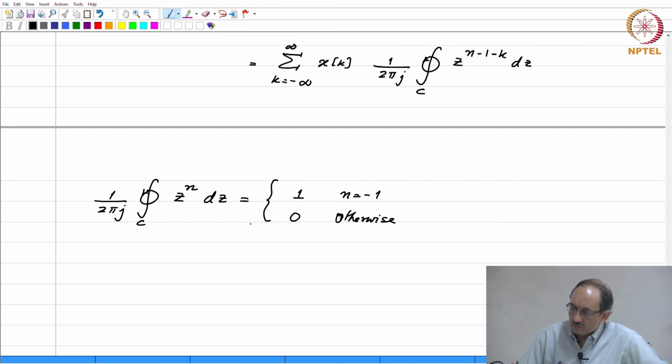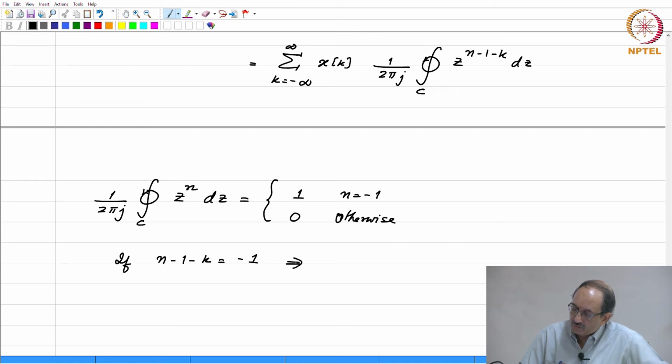Therefore, using this result, if you apply this to this integral here, clearly the integral will be 1 if n minus 1 minus k equals minus 1.